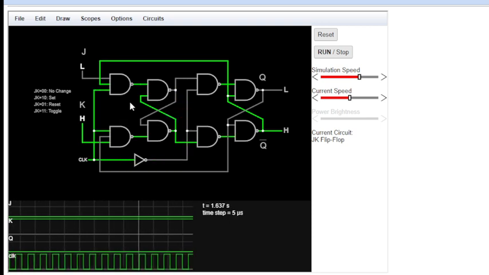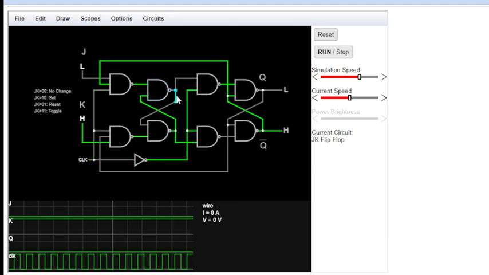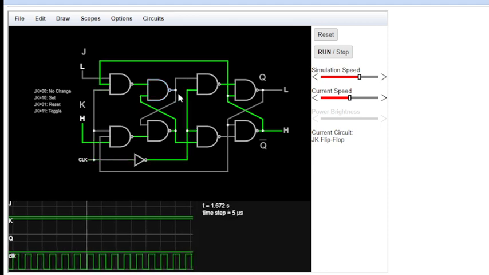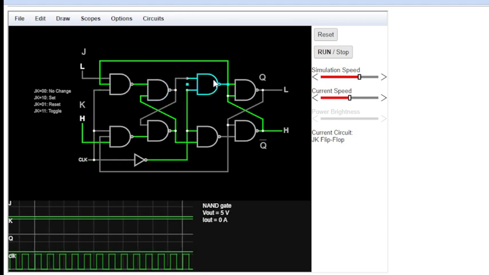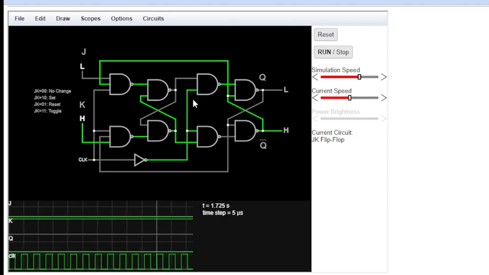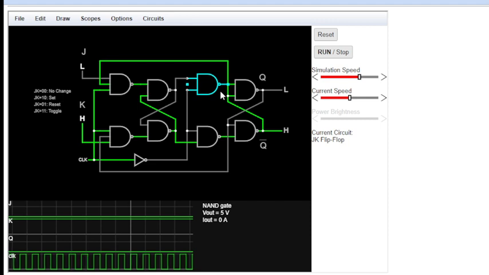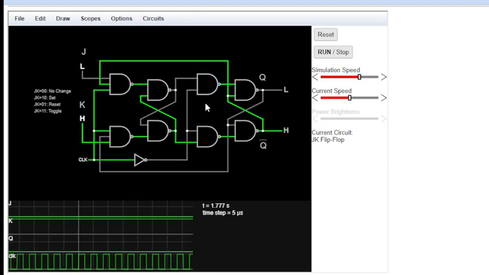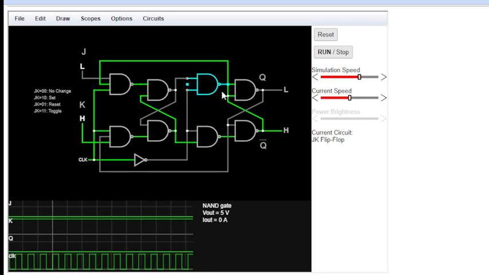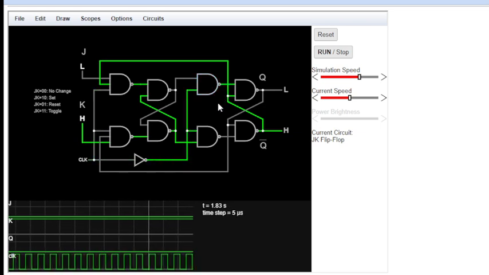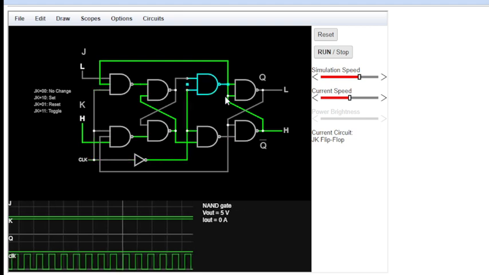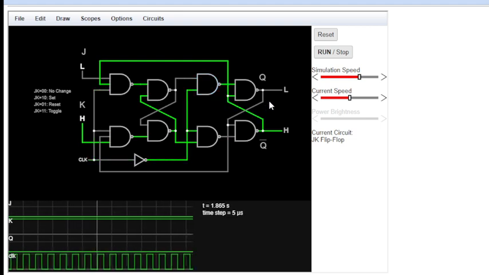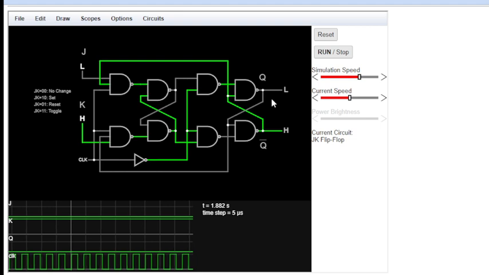Due to this high output at the AND gate's input, it's giving us a high output at this side, and due to these both high inputs, it's giving us a low output.